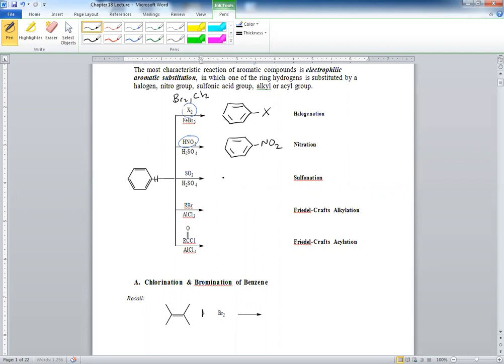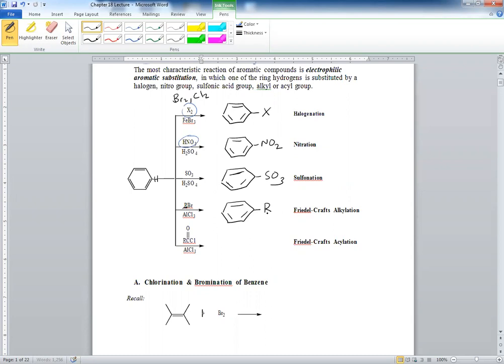Sulfonation, adding the SO3 group. Friedel-Crafts alkylation, you're adding an R group. So methyl, ethyl, etc., propyl.